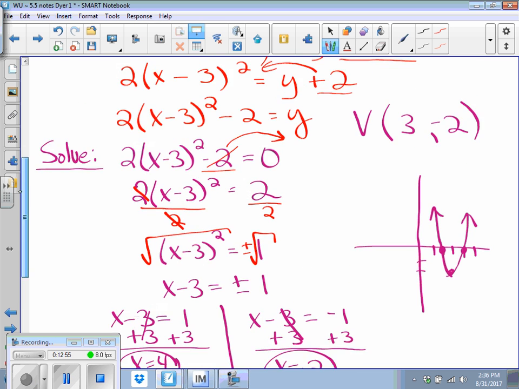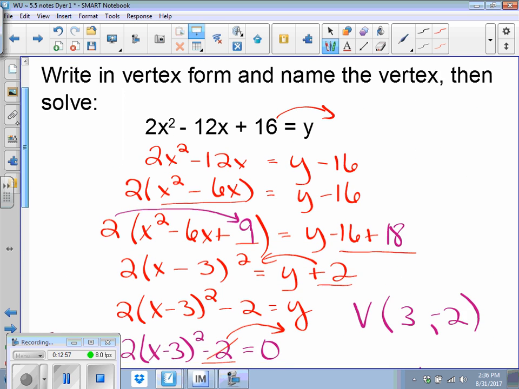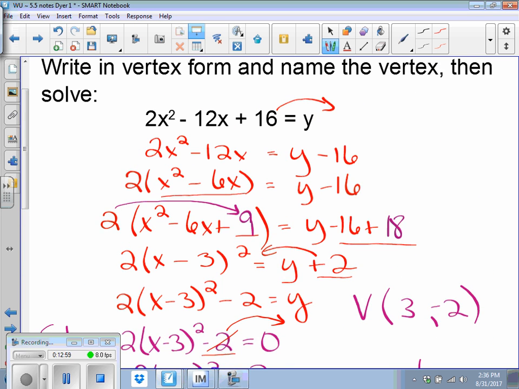Okay, so let's review what we did and how it was different. So, we had something multiplied to x squared. The first step doesn't change. Move your constant over. Once we moved our constant over, I had to get rid of that thing in front of the x squared by factoring it out. That is what you'll do every time. Factor it out. Once you factor it out, you're going to complete the square inside the parentheses.